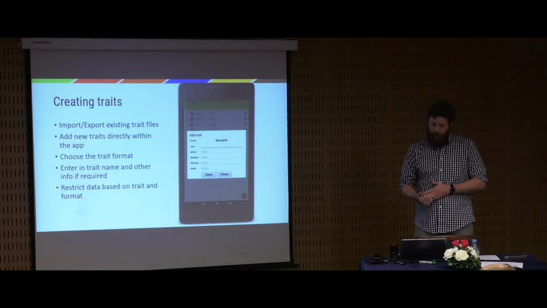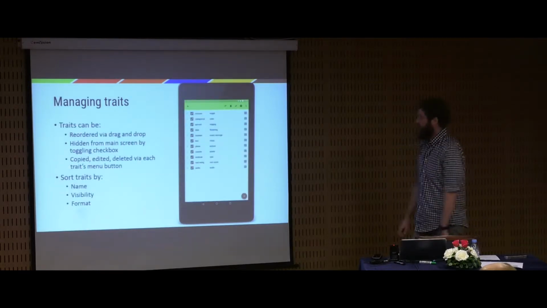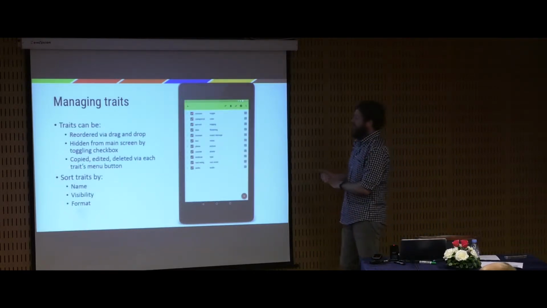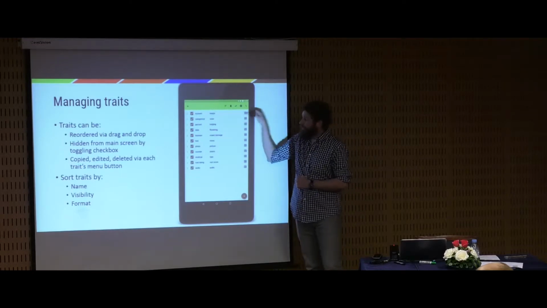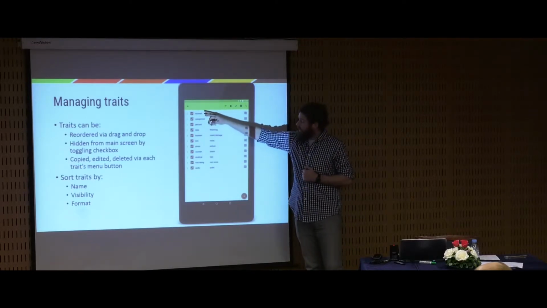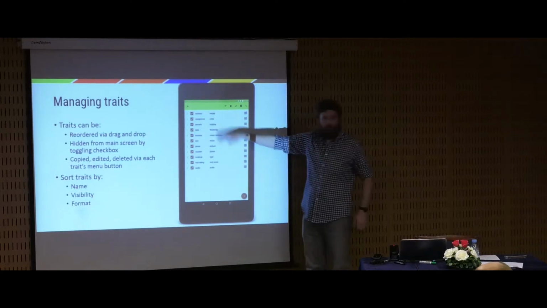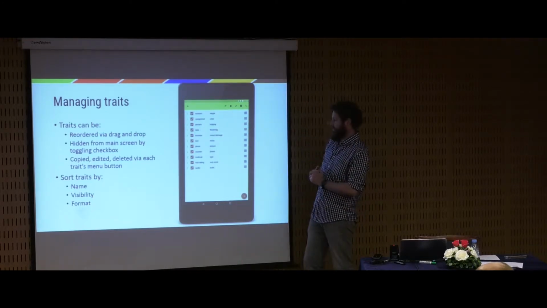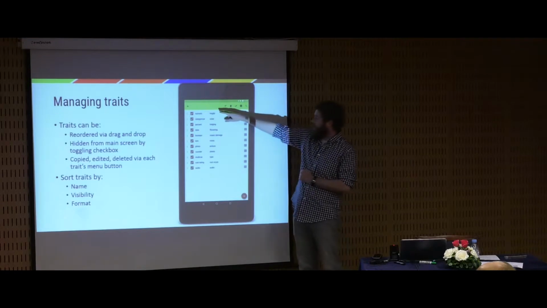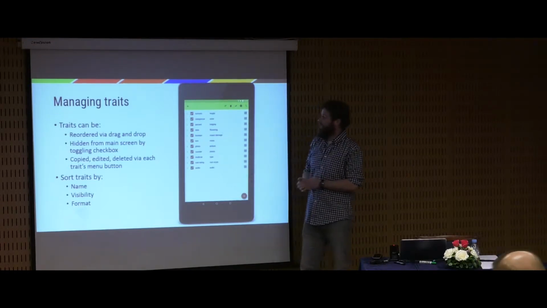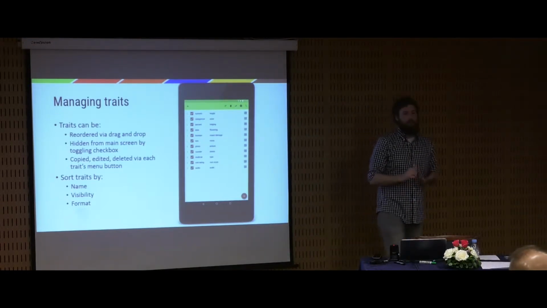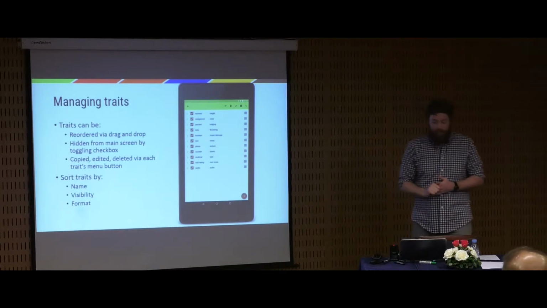And so when we have our trait list here, each row is a separate trait. We have our category, our format of that trait, numeric, which I'll go through all of these in a slide or two. And then we have the trait name over here. So we can reorder the traits. We can drag and drop the traits as we need.